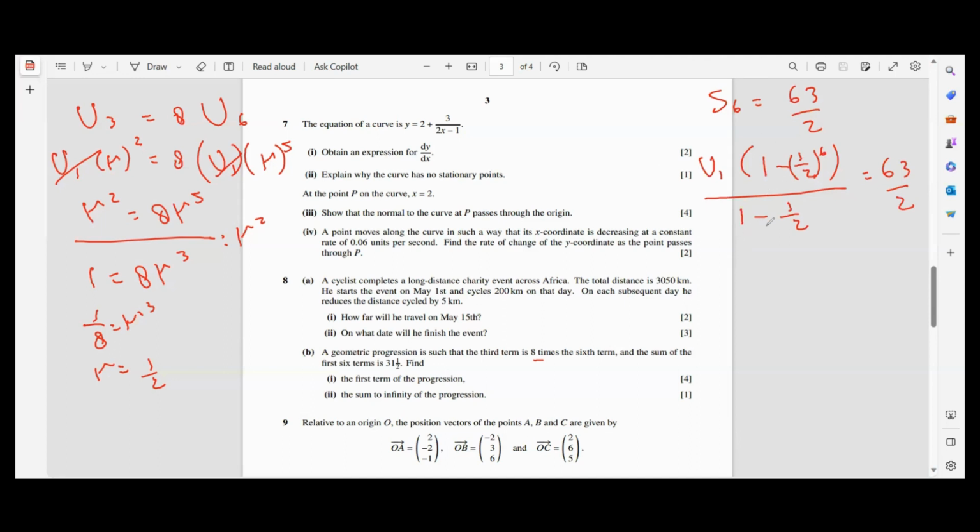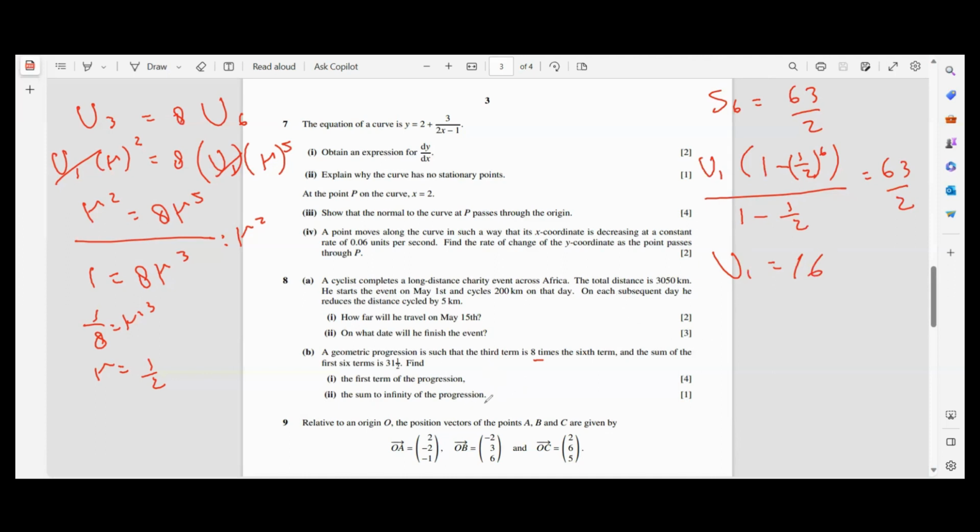If we calculate this, the u1 will be 16. Okay, that's for part i.